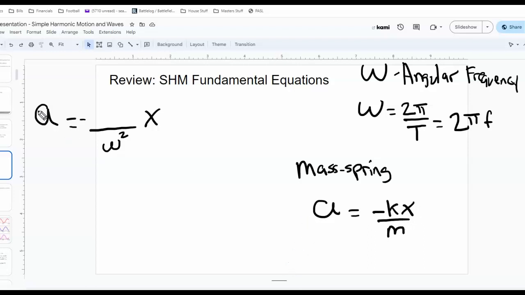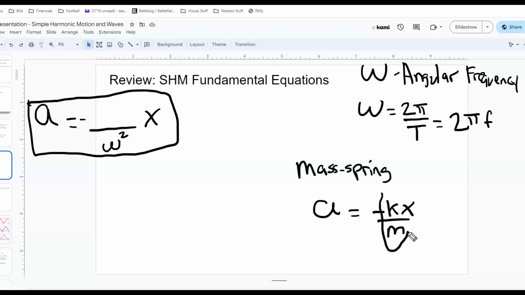If you compare that to this equation, which again is the fundamental equation needed for simple harmonic motion, we can see that this satisfies the condition for simple harmonic motion as long as this k over m thing is equal to omega squared. In other words, omega, the angular frequency, is equal to the square root of k divided by m.